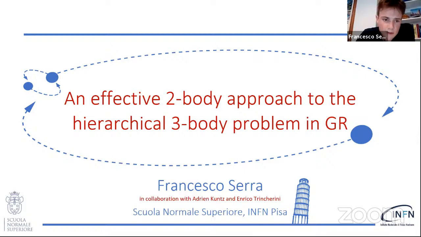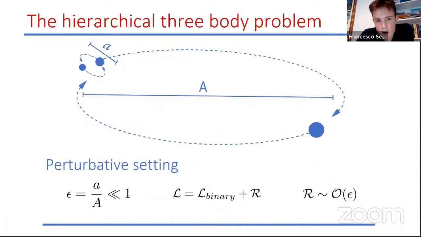As the title suggests, I'm not going to talk about a generic three-body problem because it would be quite chaotic, but I'm going to focus on the hierarchical three-body problem, which is a special case in which one of the three bodies, let's say the third, is very distant from the other two. And so we have a hierarchy between the typical separation of the third body from the other two and the typical separation of the other two bodies between themselves.